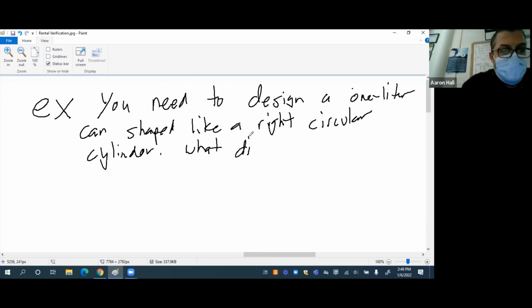What dimensions will use the least amount of material?